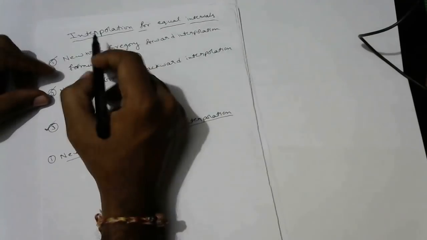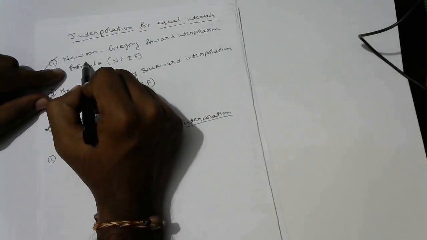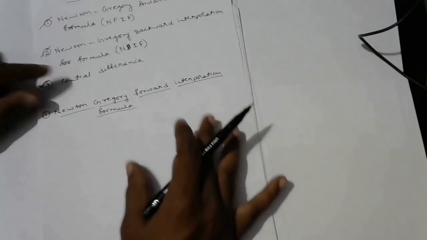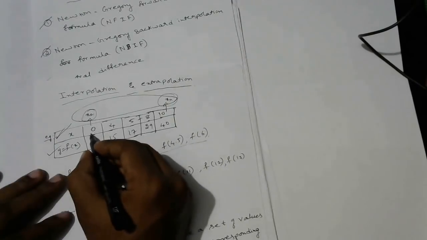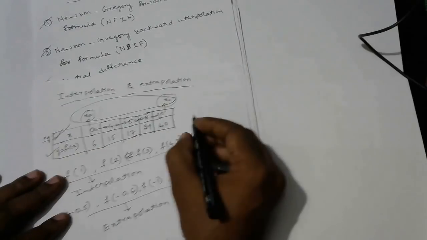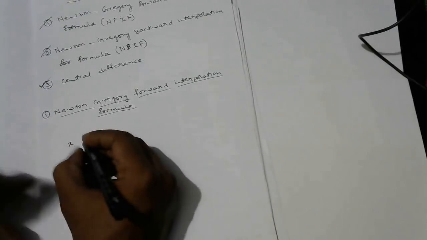Interpolation for equal intervals means that the x values given have equal differences.